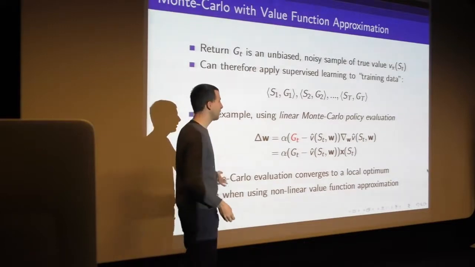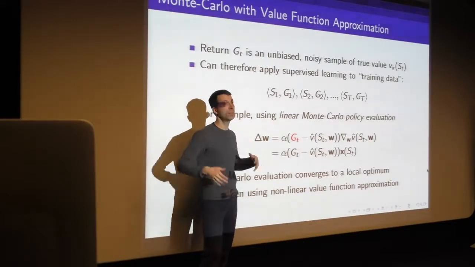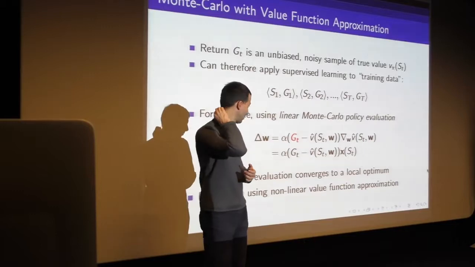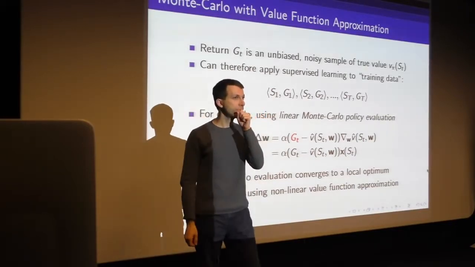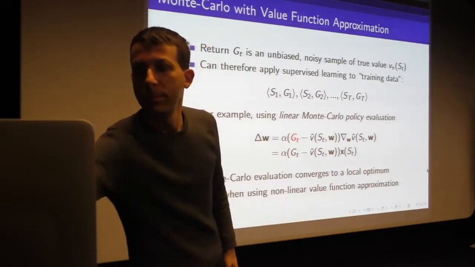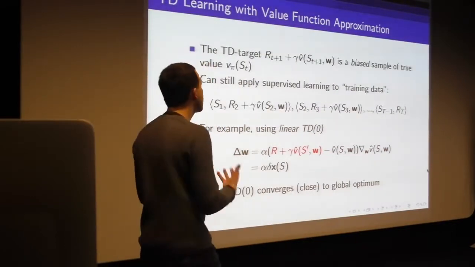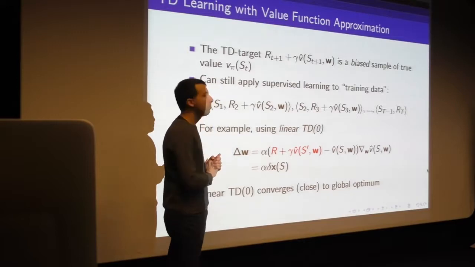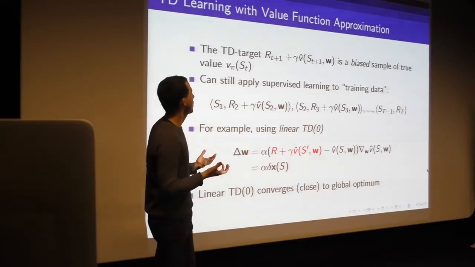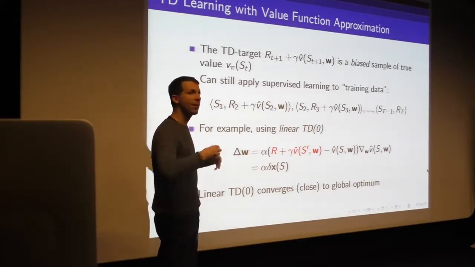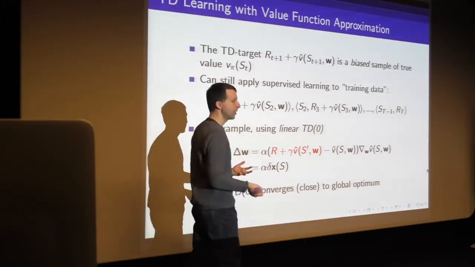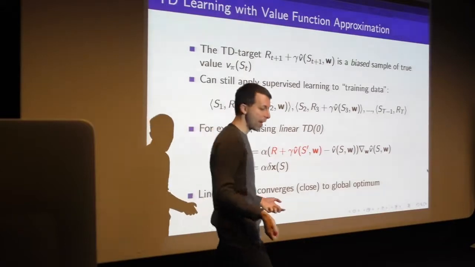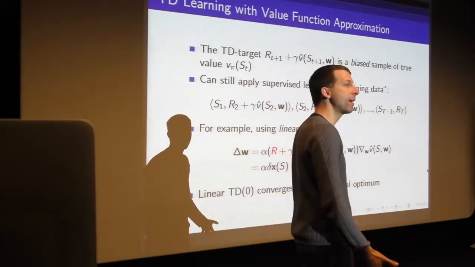Even if we use nonlinear value function approximation, Monte Carlo will converge to some local optimum, or in the linear case, it will find the global optimum. We can do the same idea with TD learning, but now we've got this biased sample. We don't have the true oracle anymore, we don't even have a noisy oracle, we just have some biased estimator of the target. So I look at what happens after one step, and then invoke my own function approximator again.